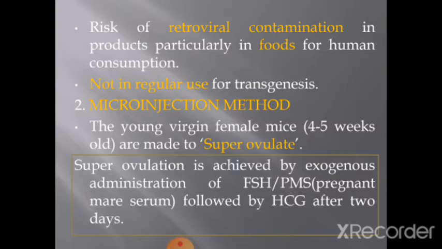And after 2 days, for these mice which have already been administered FSH or PMS, you will give an additional dose of HCG, human chorionic gonadotropin, so that the mice treated with these hormones are ready to superovulate. That means instead of releasing 4 to 5 ova from their ovaries, they will release 40 ova. This is called superovulation.